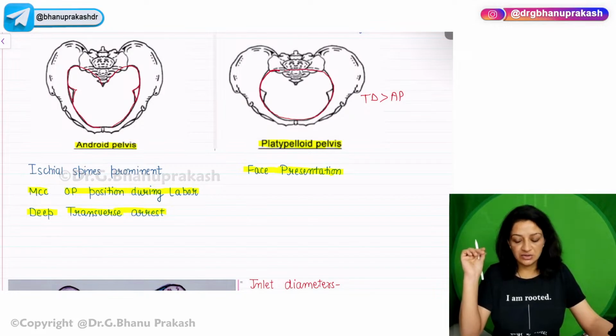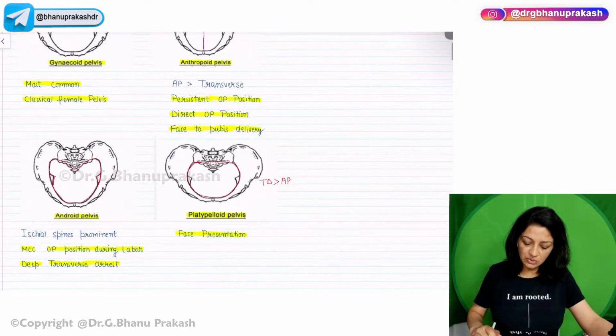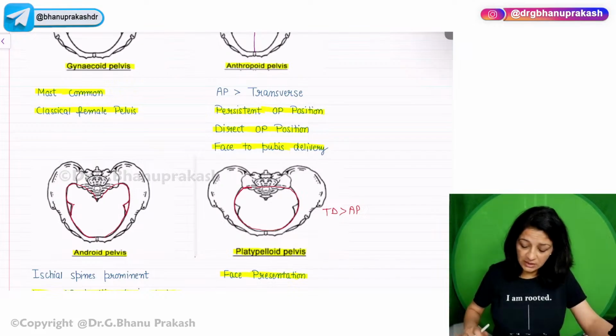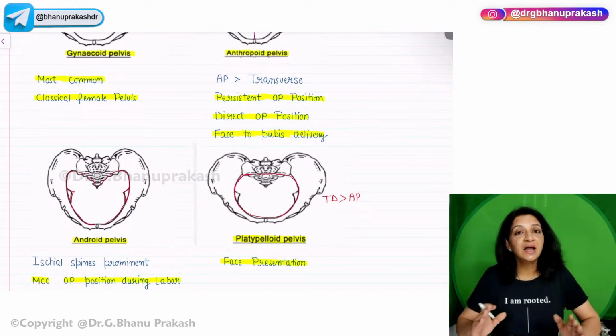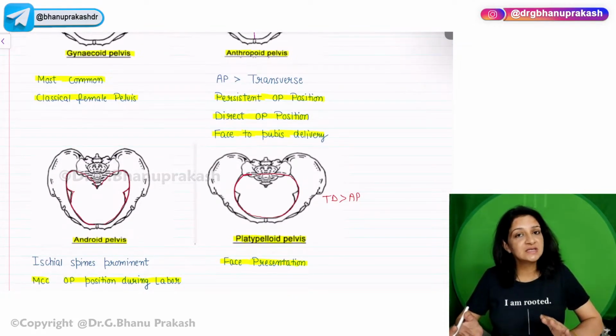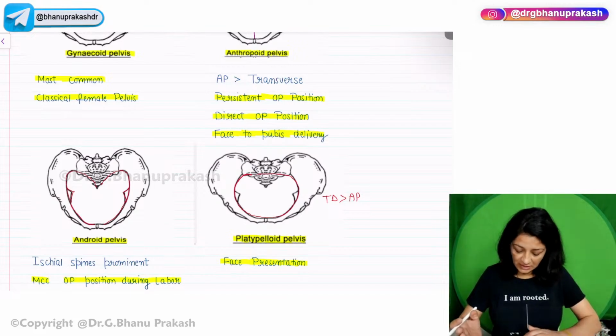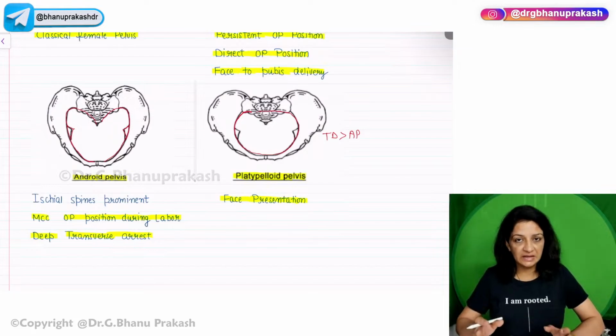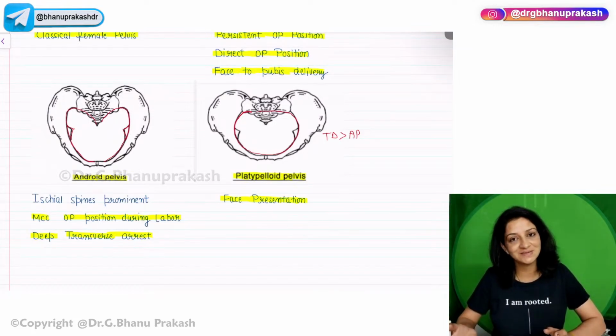Face presentation. So these are the types of pelvis. Please don't get confused. Persistent and direct occipito-posterior is seen in anthropoid pelvis, and the most common cause of occipito-posterior position of the fetal head and deep transverse arrest is android pelvis.